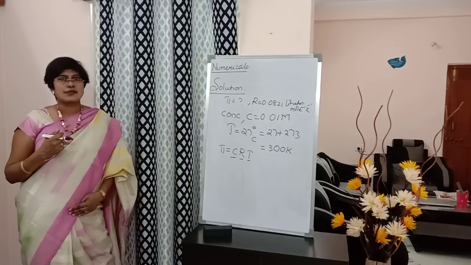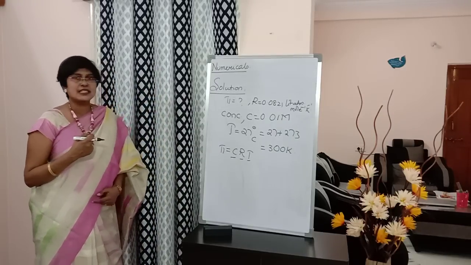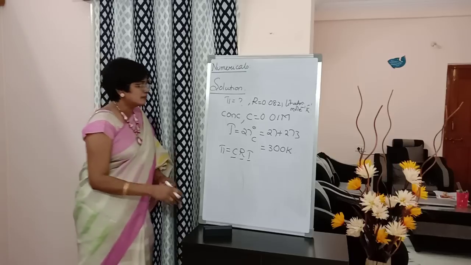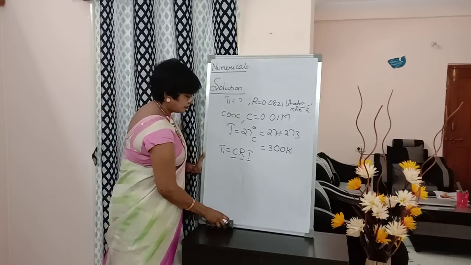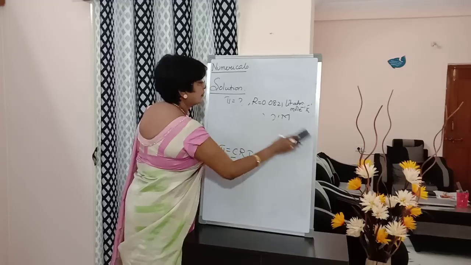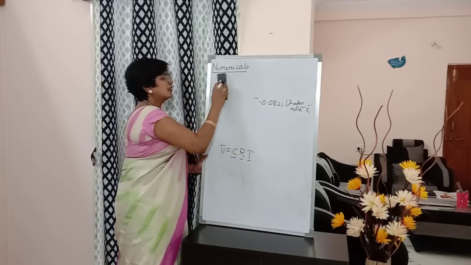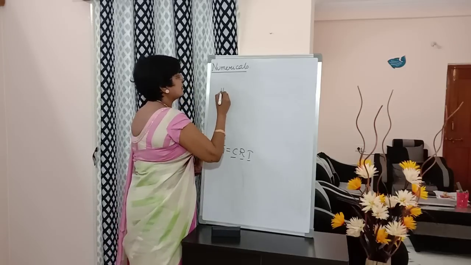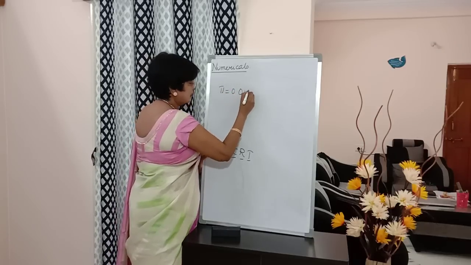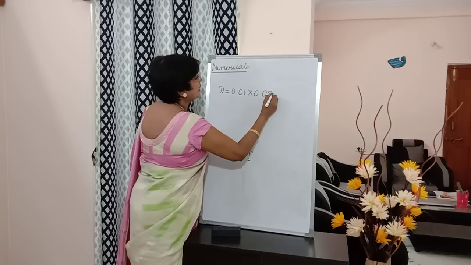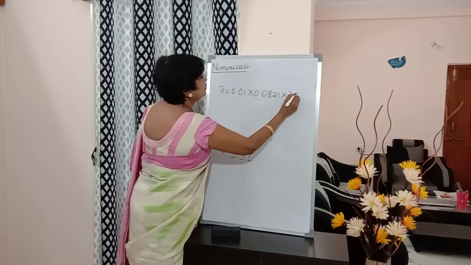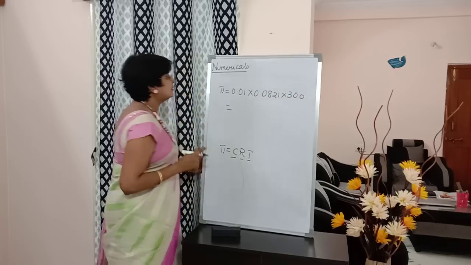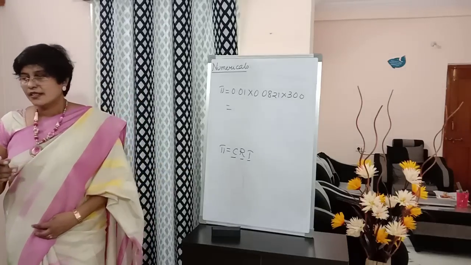Okay. Now substitute the values. Pi is equal to CRT. Pi is equal to 0.01 into 0.0821 into 300. Multiply all the three values, students.